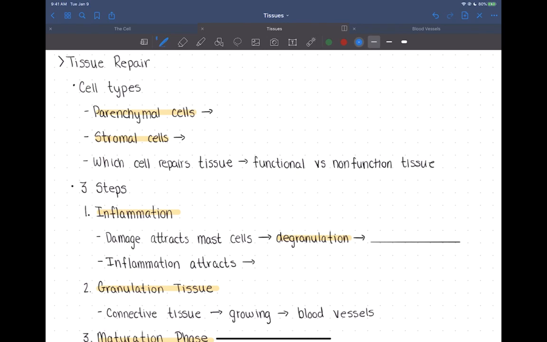So you could have a parenchymal cell that is involved in tissue repair, and these would be functional tissue cells. All right, so these would be cells if they divide, right, and repair the tissue, that tissue would regenerate and be functional again, all right?